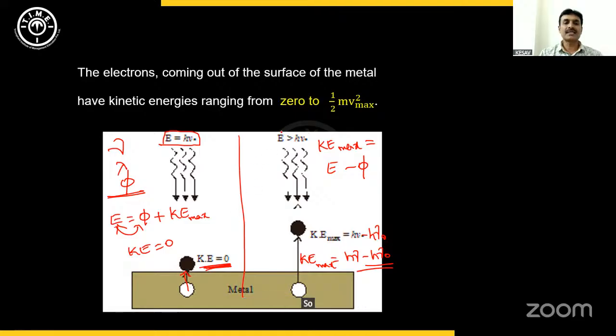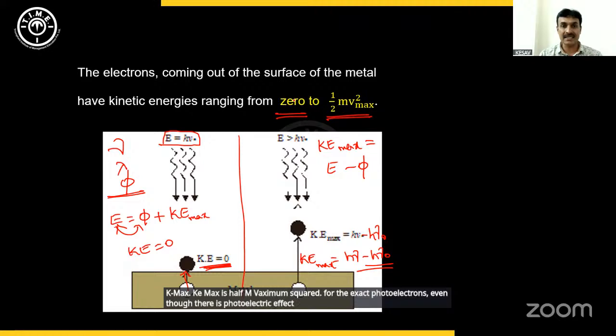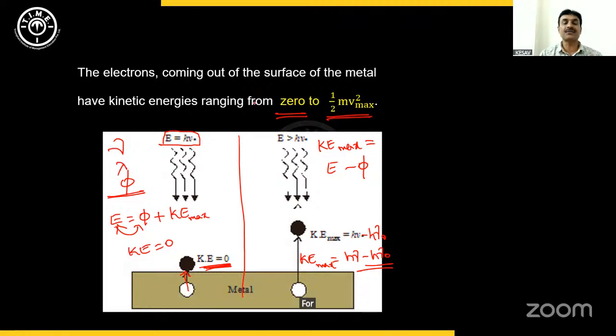Based on this, the kinetic energy ranges from 0 to KE max, where KE max is half mv maximum square. For the electrons ejected from the metal surface, the kinetic energy ranges from 0 to maximum kinetic energy. Different electrons may have different kinetic energies.